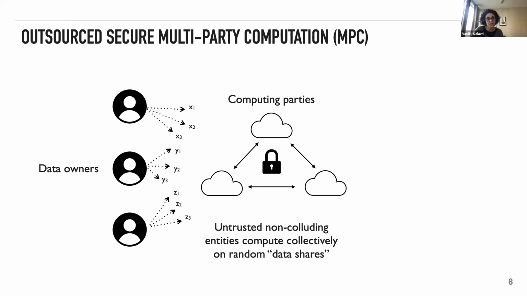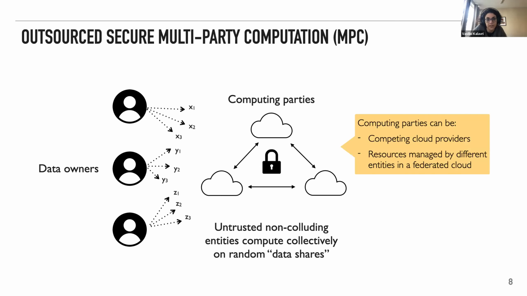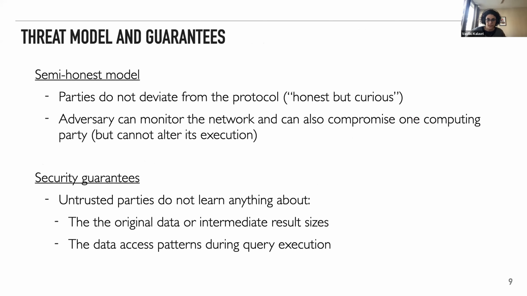In the case of Secrecy, these computing parties can be, for example, competing cloud providers or resources managed by different entities in a federated cloud. To make the guarantees more formal, Secrecy currently adopts a semi-honest model. That means we assume the computing parties will not deviate from the protocol.